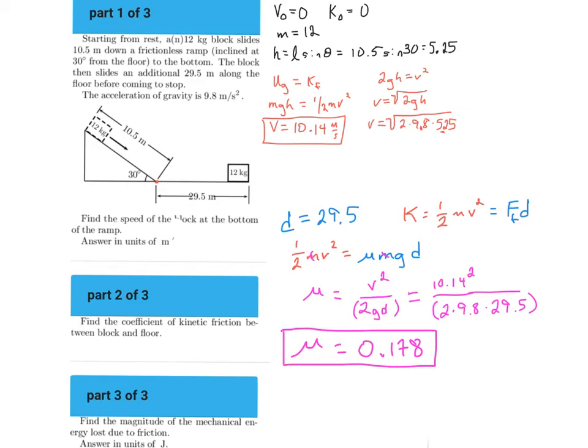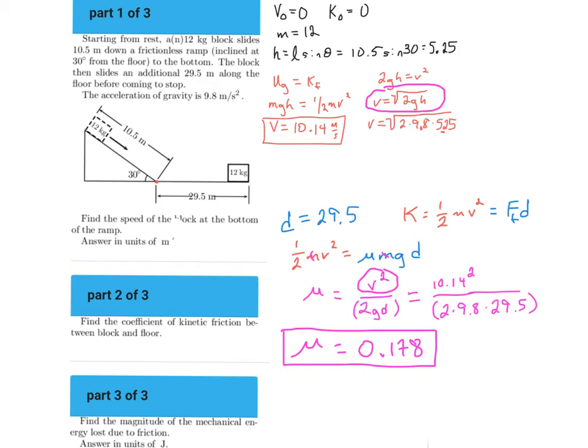Now, interestingly enough, if we had wanted to simplify the equation even further, we could have substituted in our equation from before, which would have been this guy, in place of v squared on top. And that does something really interesting. So the radical will go away. We have 2gh on top, and we have 2gd on bottom.